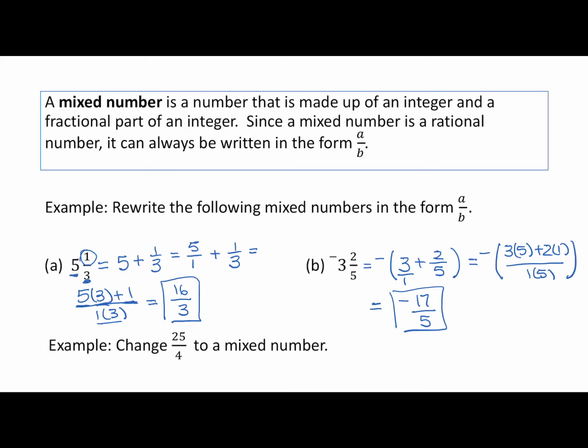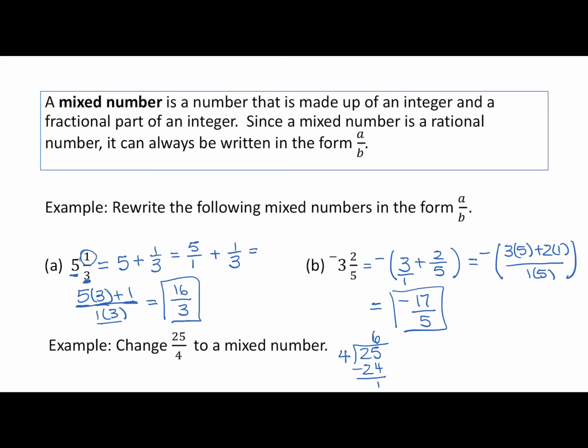All right, now what if we want to go the other way? So here's an improper fraction, 25 over 4, and I want to write it as a mixed number. Well, let's think about dividing 25 by 4. 4 goes into 25 6 times with a remainder of 1.